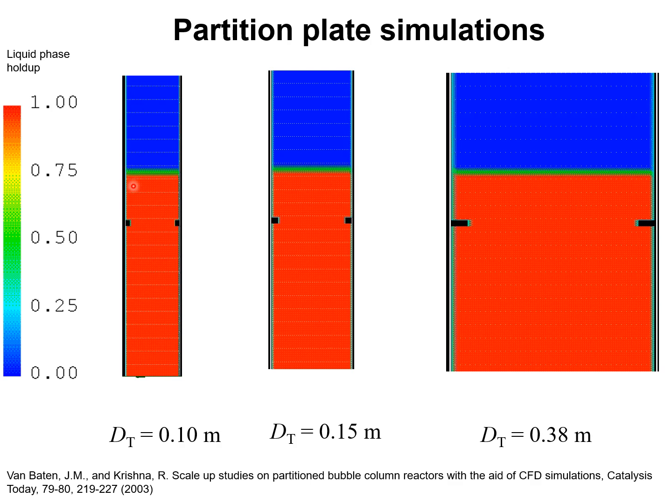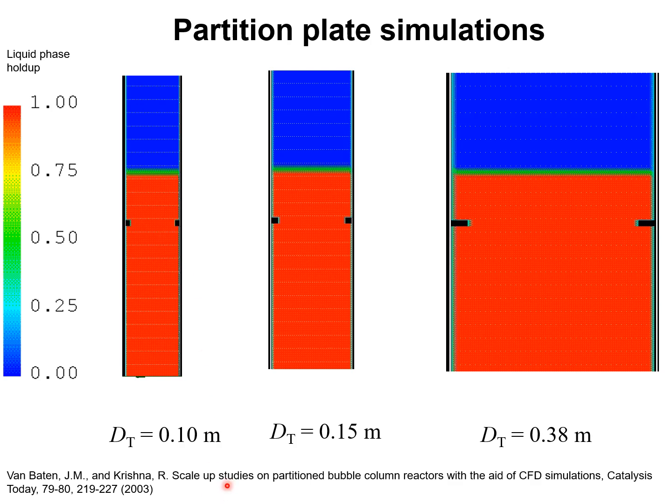So there's liquid downflow here, and a significantly large gas cap builds below the partition plate. This is in agreement with the experimental data I showed in my previous slide.